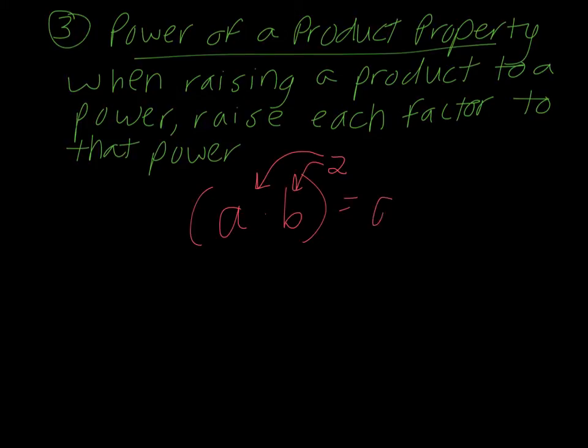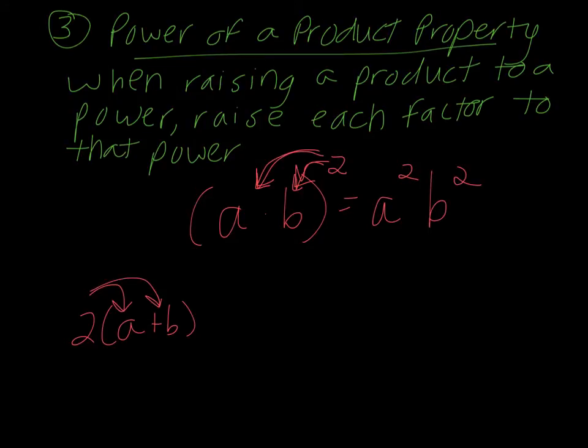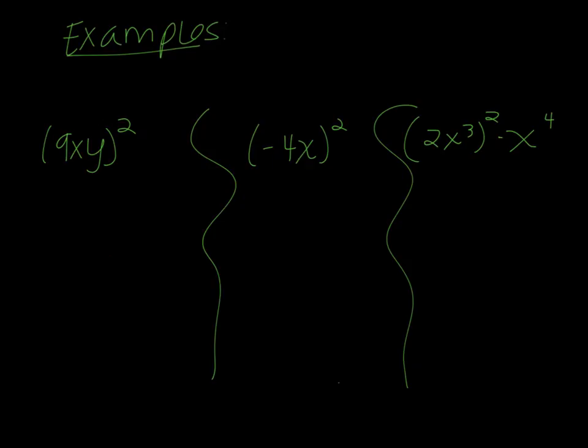So this becomes a squared b squared. So you can see why I call it distributing, because each factor is going to get the power of 2. But it's technically not distributing. Distributing, you remember, is when you multiply two things being added together by a factor. So it's not distributing, but it's quite similar.